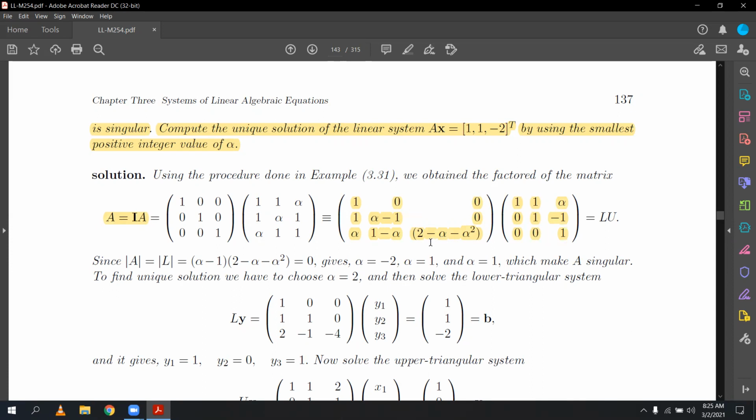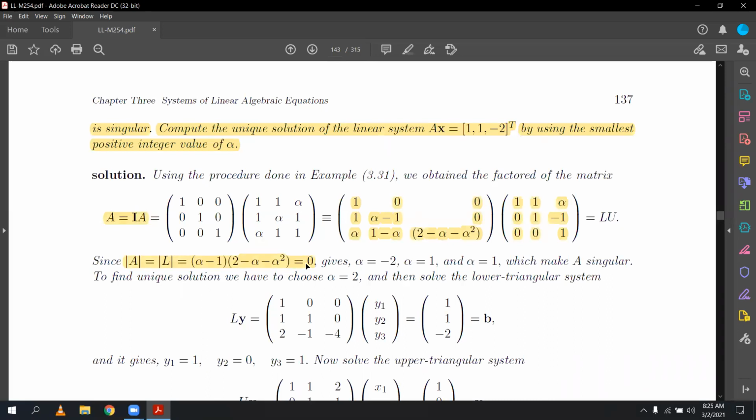Now you can see here, the first part says, find the value of alpha for which it makes A singular. And singular means the determinant of A must be equal to 0, because singular always means the determinant is 0.